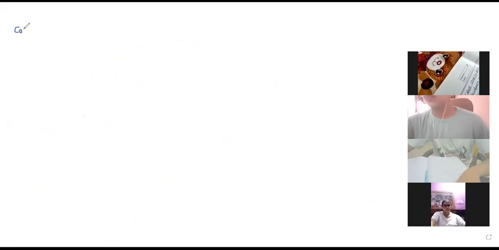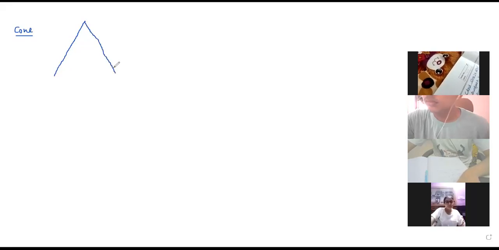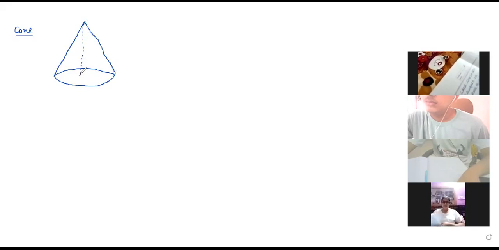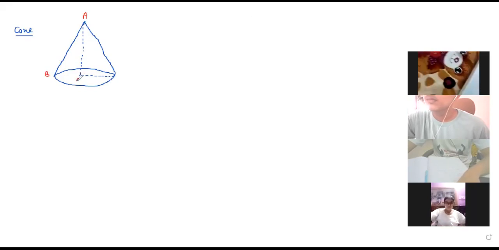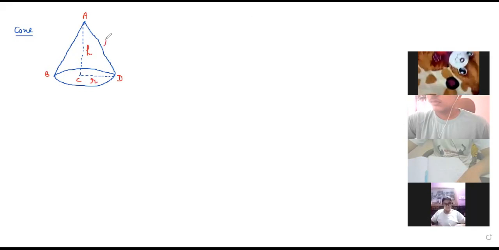Cone. So if I go with the cone, this is the shape of a cone. When I label it, this is A, let it be B, C, B. This is the height, this is the radius, and this is the slant height.